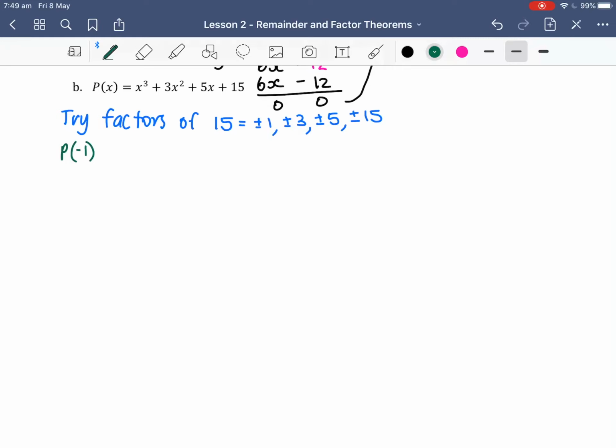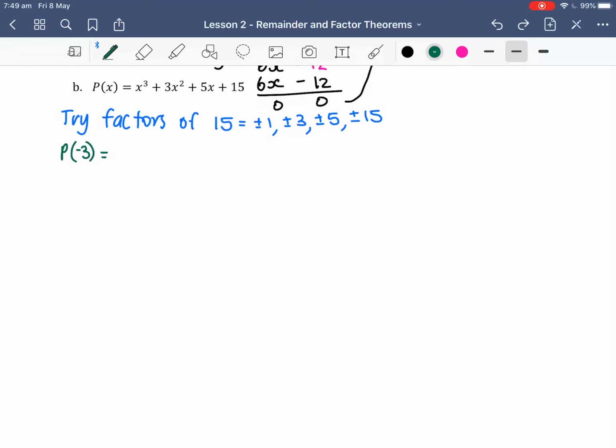Let's try negative 1. So we sub in negative 1: negative 1 cubed plus 3 times negative 1 squared plus 5 times negative 1 plus 15. That equals 12. That doesn't work. Let's try negative 3. So we have negative 3 cubed plus 3 times negative 3 squared plus 5 times negative 3 plus 15.